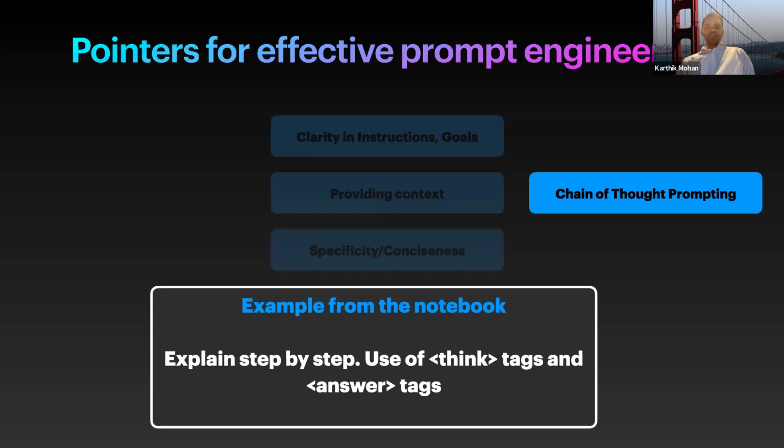Okay, so chain of thought prompting. This is where we say explain step by step, use think tags and answer or response tags, allowing the LLM to generate its thinking process followed by its actual response. The thinking process might be very elaborate. You cannot use it as an answer, but what follows the thinking process is the response or the answer tag.